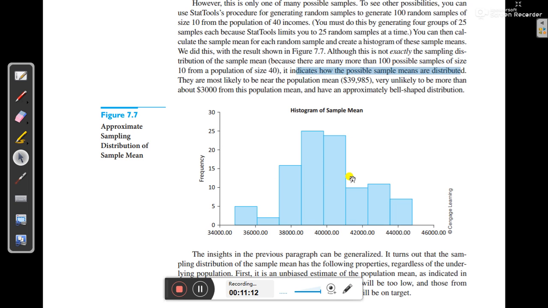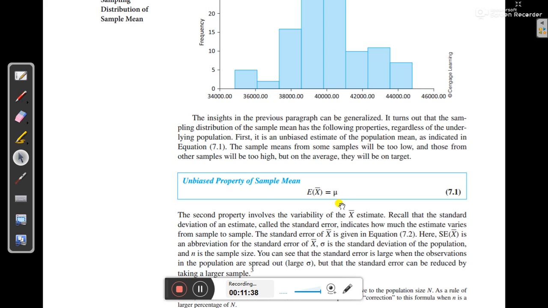They are most likely to be near the population mean, 39,985, and very unlikely to be more than about 3,000 from the population mean in either direction. They have an approximately bell-shaped distribution.